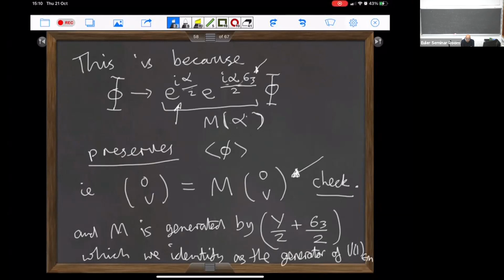It doesn't matter which direction you choose. There will always be a U1 subgroup which preserves the vacuum expectation value, no matter what the vacuum expectation value is.